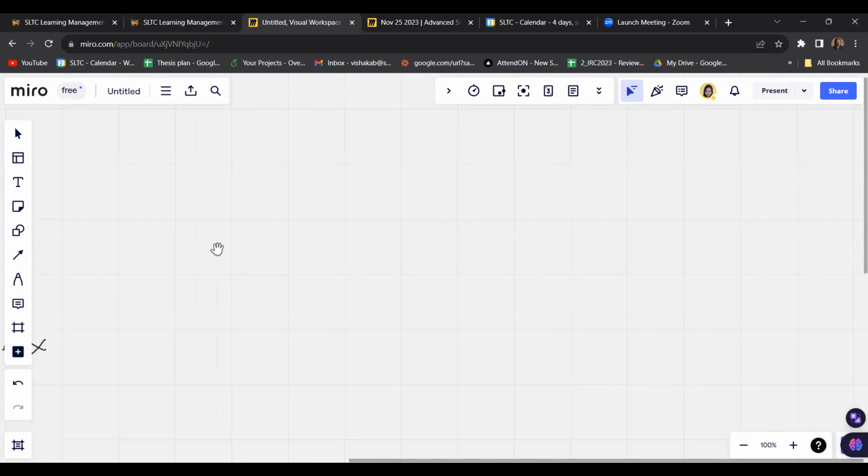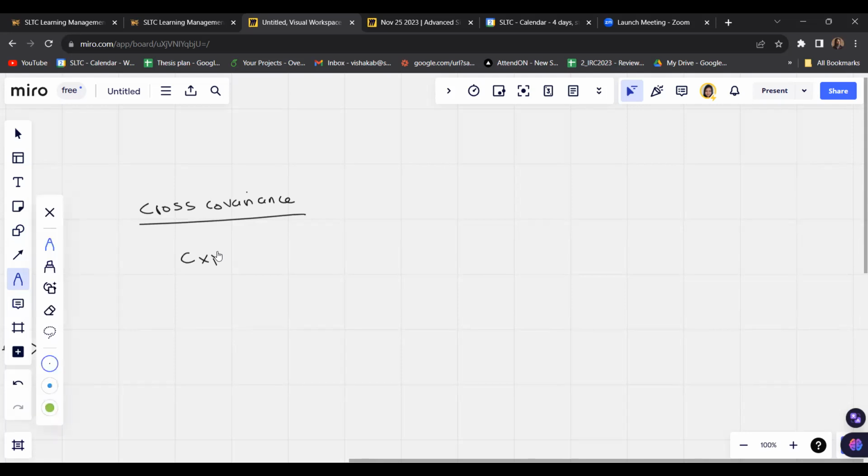The cross covariance is defined as the difference between, I will show using mathematical equations. So the cross covariance is defined, we can define it using this expression. I will use these notations to define the covariance.